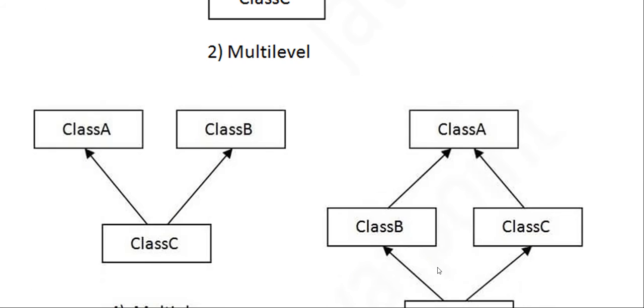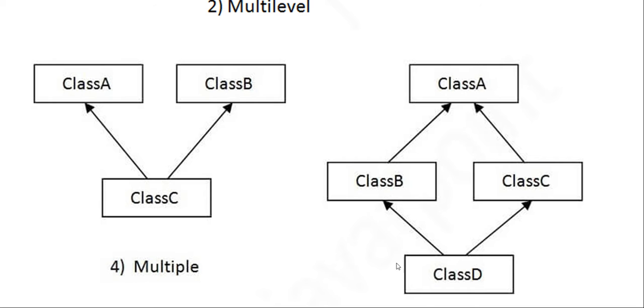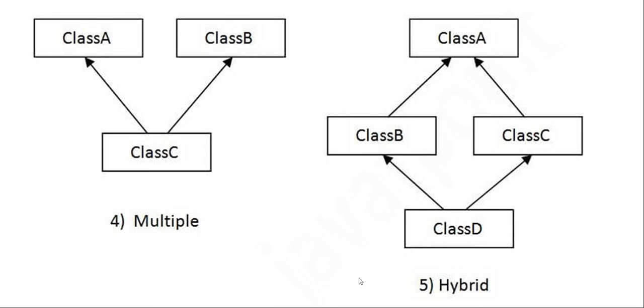Another kind of inheritance that you can also see is multiple inheritance and hybrid inheritance, and these kinds of inheritance are not supported in Java. Why? Because Java does not allow one class to have two parent classes at a time. Here class C is the derived class, class A is the base class, and class B is also a base class.